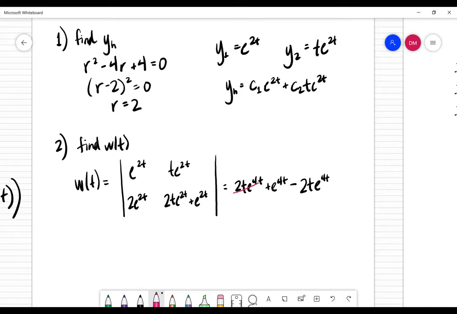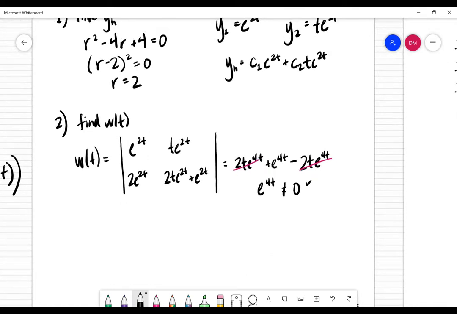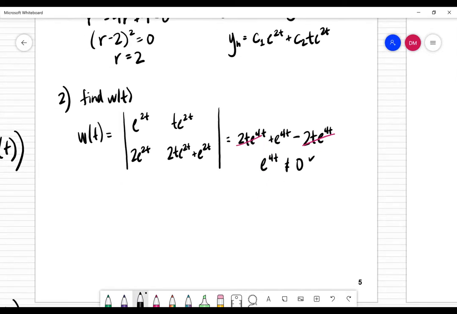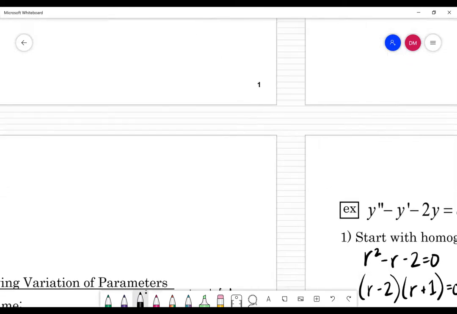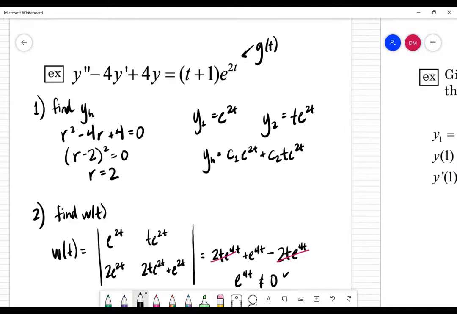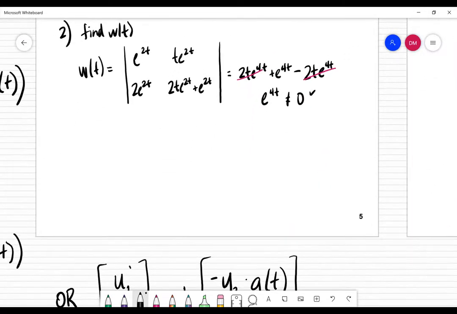And we do get a little bit of cancellation here so that our determinant is e to the 4t, which is not equal to 0, so that's a good thing. But then remember, we are going to go ahead and take that Wronskian to plug in to step 3 here. Oh, page went a little crazy. All right, back to this.